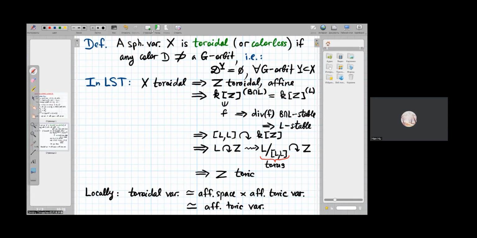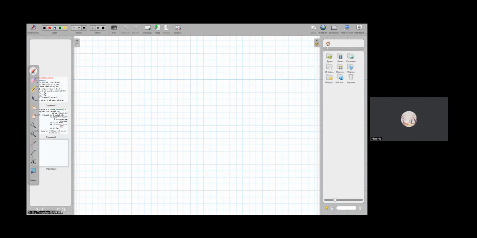Now, let me formulate a smoothness criterion for toroidal varieties. Theorem 1.